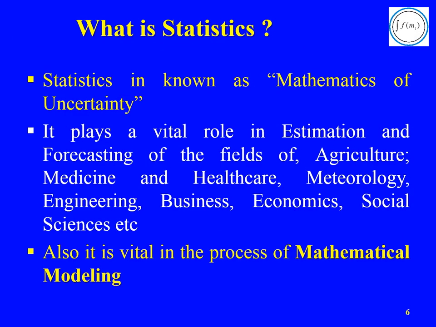Now, what is statistics? Statistics is known as the mathematics of uncertainty. It plays a vital role in estimation and forecasting in various fields: agriculture, medicine, meteorology, engineering, business, economics, social sciences, etc. Also, it's vital in the process of mathematical modeling.